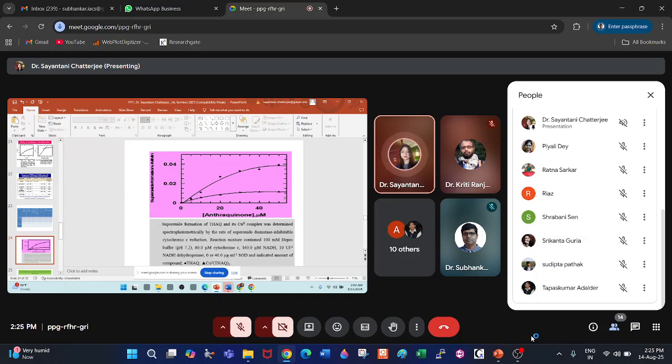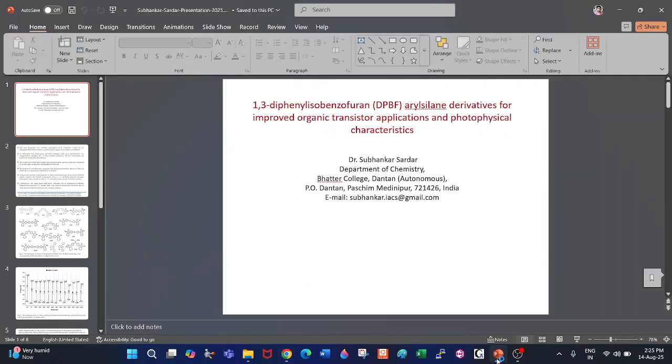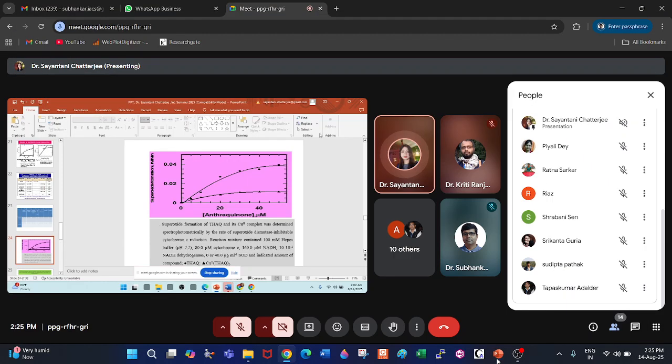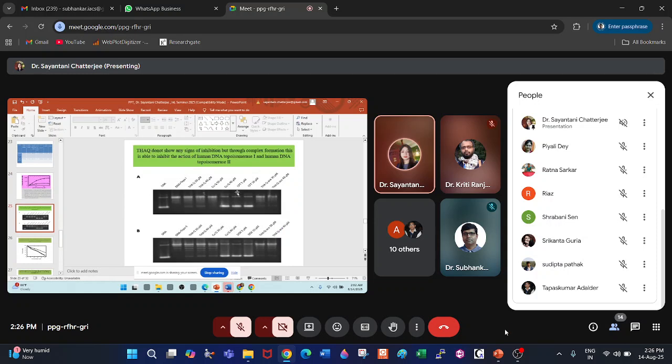Hence, the probability of getting superoxide when semiquinone is oxidized by molecular oxygen decreases. So the formation of the free radical also decreases, and we can see clearly that in the case of the metal complex, the superoxide formation is significantly decreased.